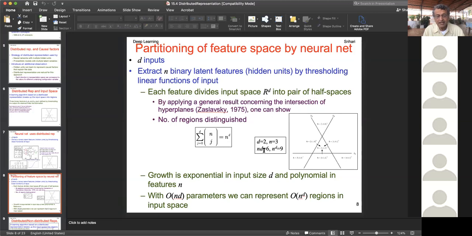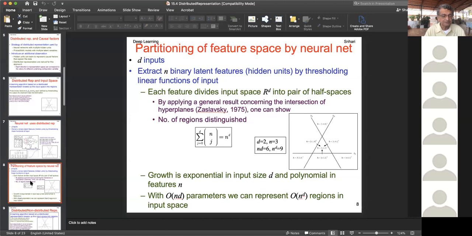With order nd parameters, so if we need 6 parameters to define n hidden units with d inputs, we'd have order nd parameters, and we can represent order n to the d regions in input space. So we get an exponential number of possible regions, and we can get a number of concepts with a small number of parameters.